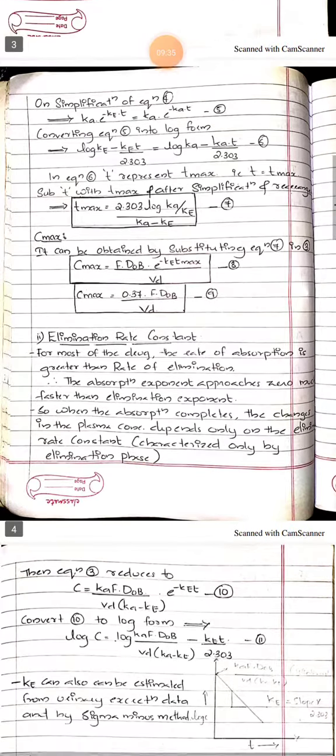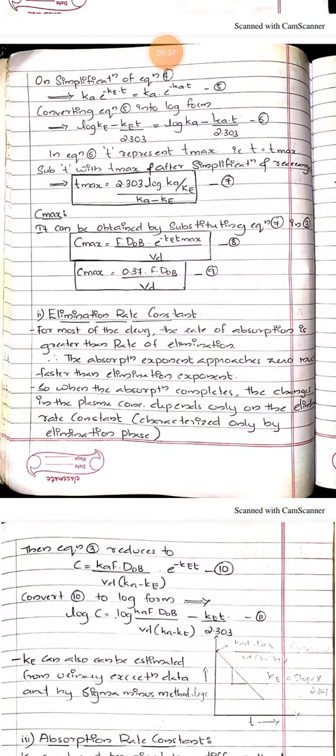So we can write equation 3 excluding that absorption exponent, e raised to minus Ka into t. That full term gets cancelled because we assume the absorption is completed. Then the equation reduces to C is equal to Ka into F into D0b divided by Vd into Ka minus Ke, into e raised to minus Ke into t.